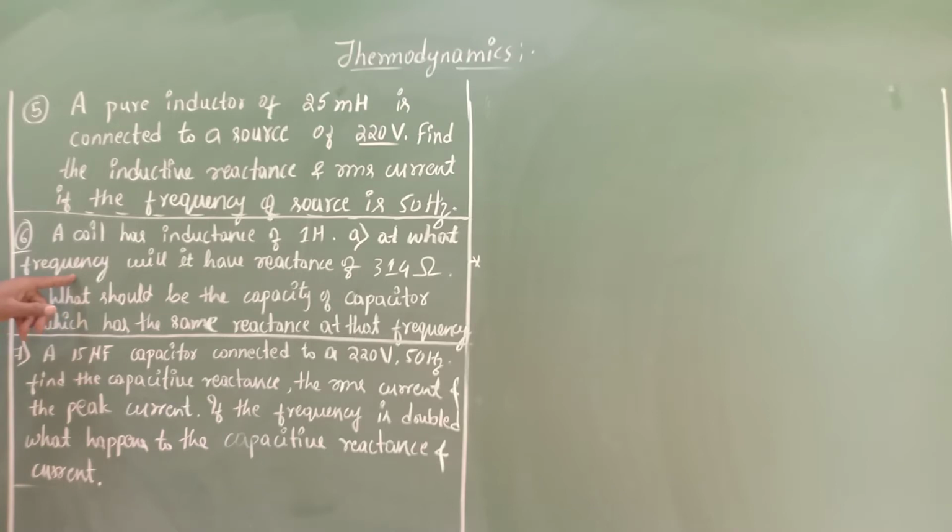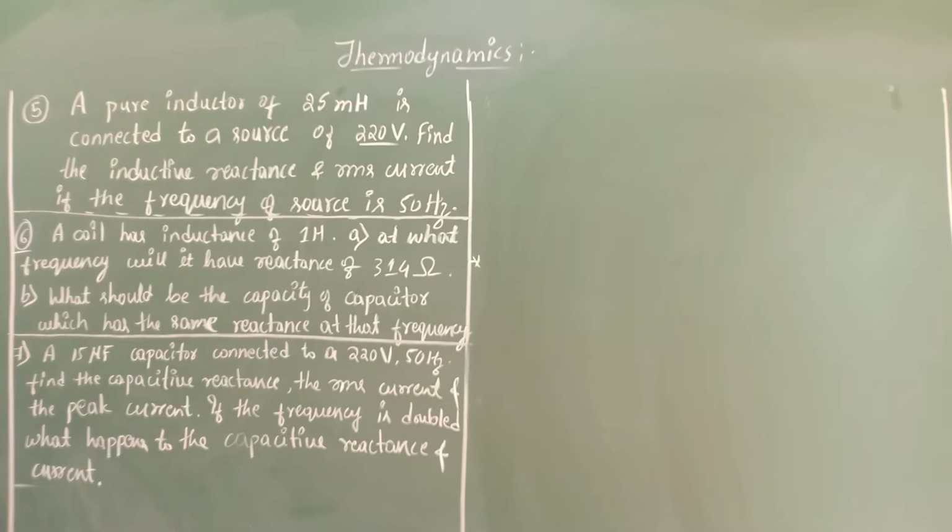And the second condition is, what should be the capacity of the capacitor which has the same reactance at that frequency? That means we need to find the value of capacitance, the C value.